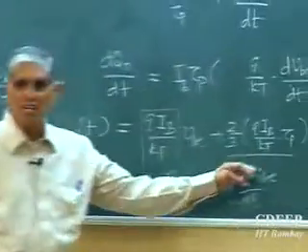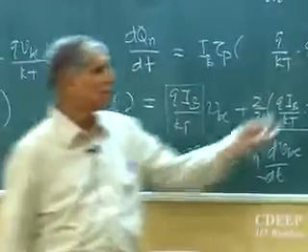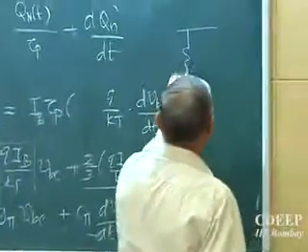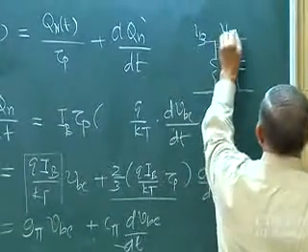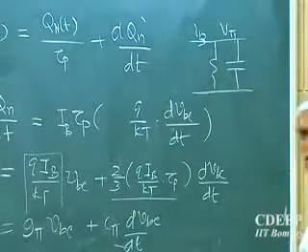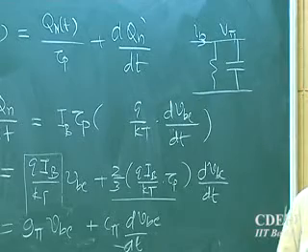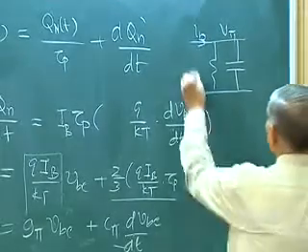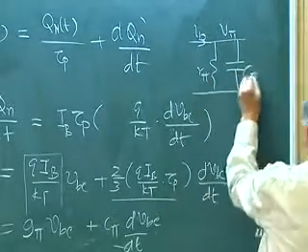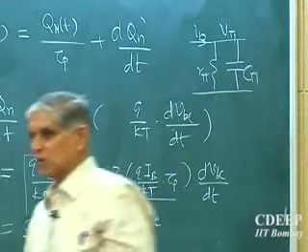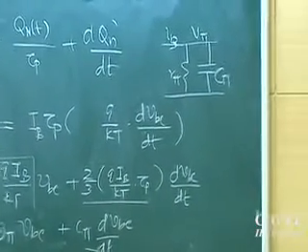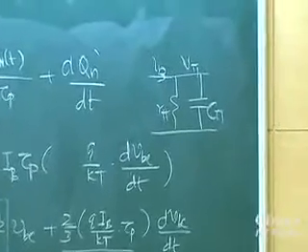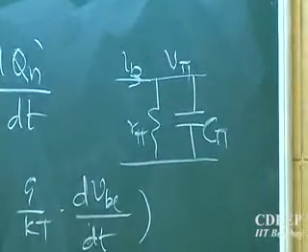If VB is there, so obviously there must be something like this. ऐसा कुछ होना चाहिए, ऐसा होना चाहिए ना. तो ये इनपुट सर्किट का तो ये आ गया मेरे पास. Is that clear?